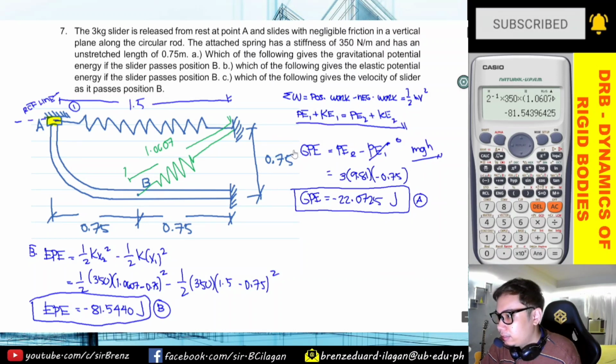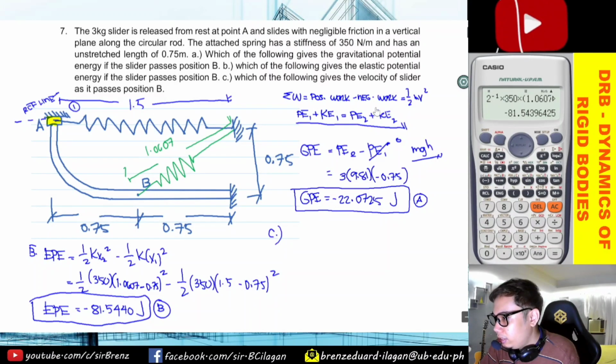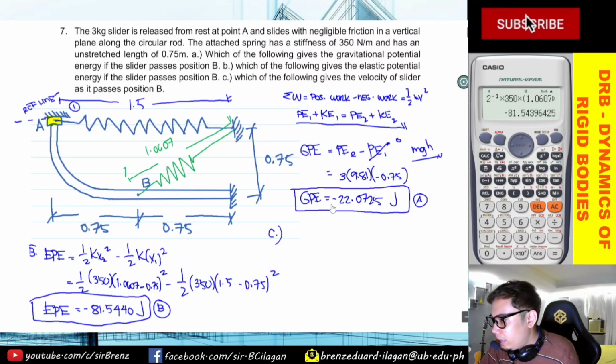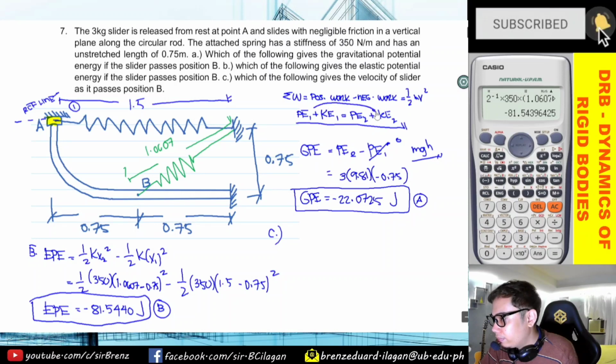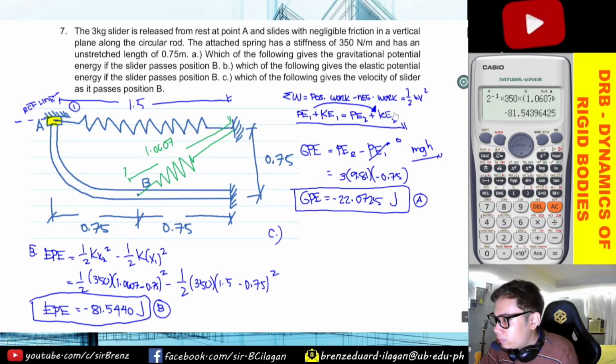Paano nga natin ito i-simplify? So, at point C, para mahabol natin yung form na ito, ito yung mga nilipat. So, ito transpose natin sa kabila, yung kinetic energy.